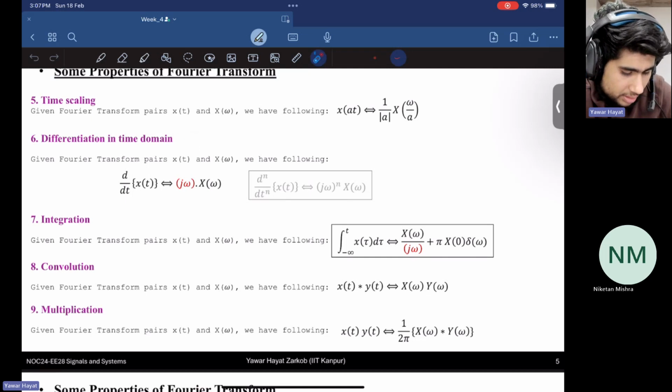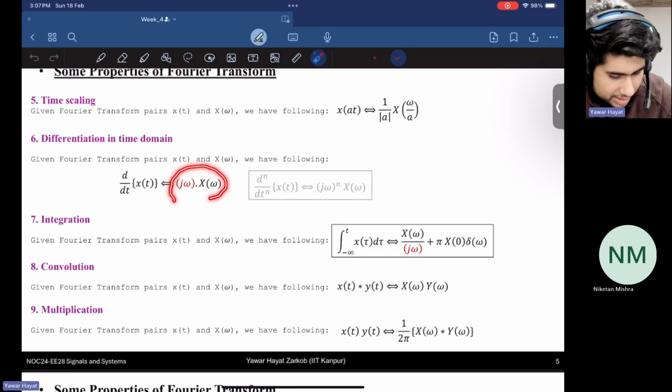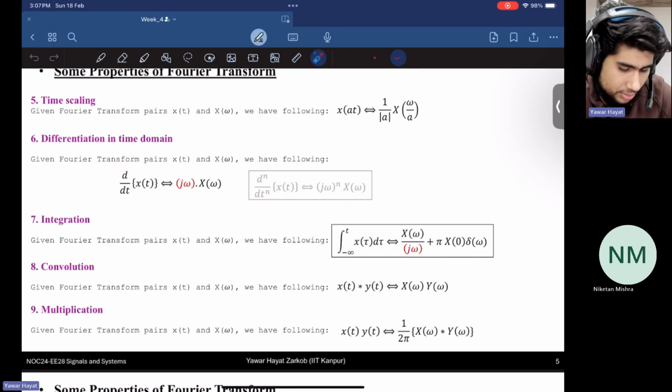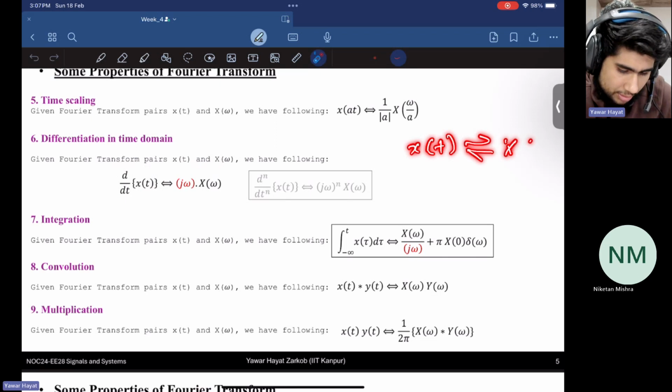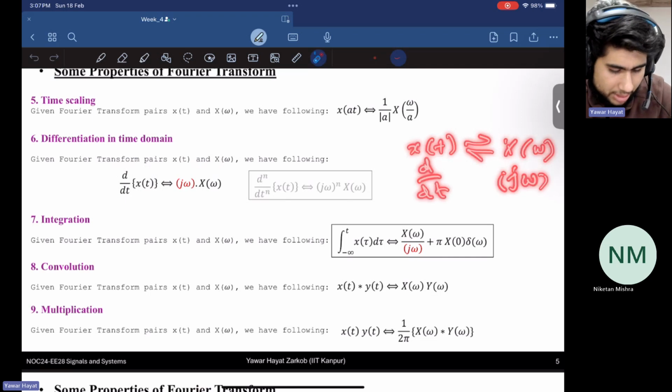Okay, given the time signal x of t and its Fourier transform x of omega, if we take a time derivative of this x of t in the time domain, in the frequency domain what happens is that it gets multiplied by j omega, right? So if x of t had Fourier transform x of omega, I take the time derivative of this, the frequency domain signal gets multiplied by this j omega.